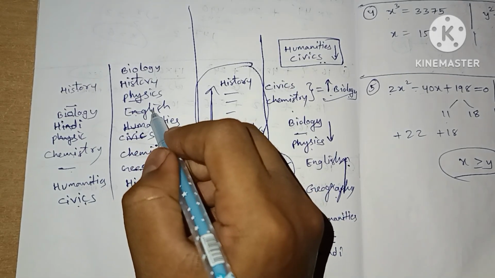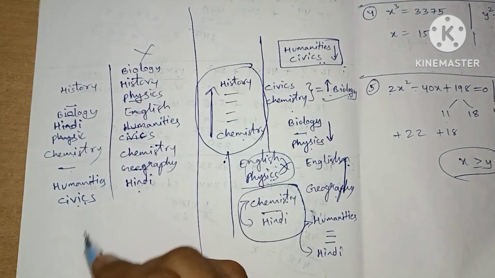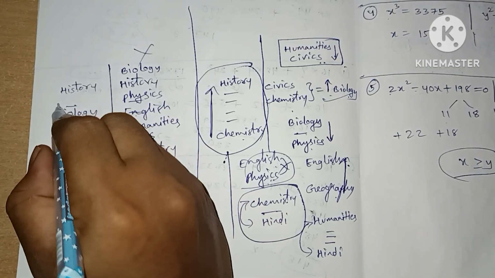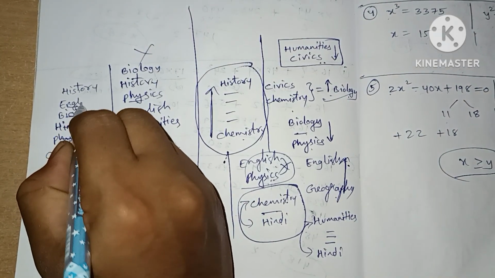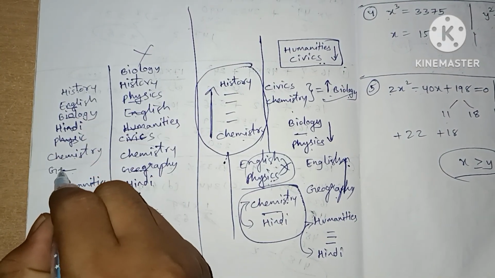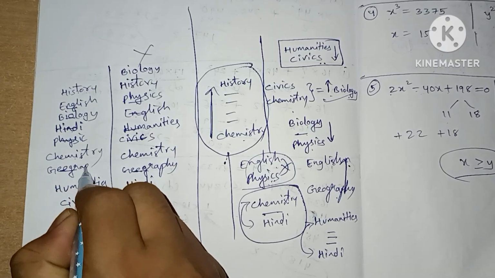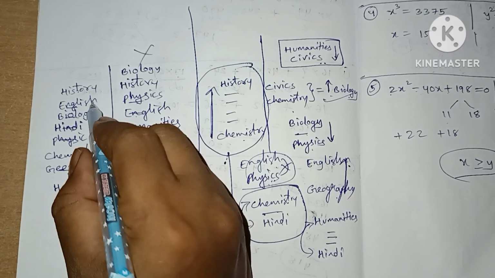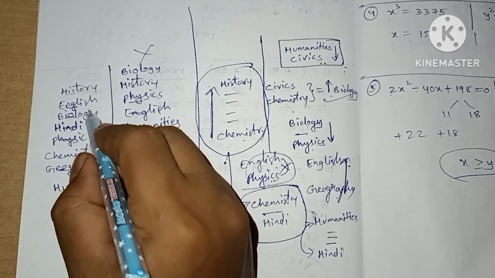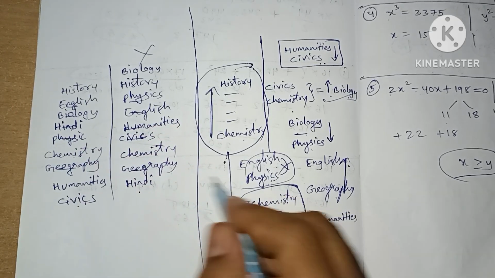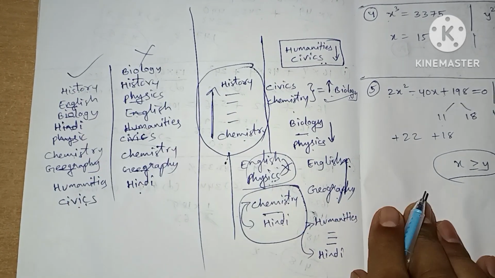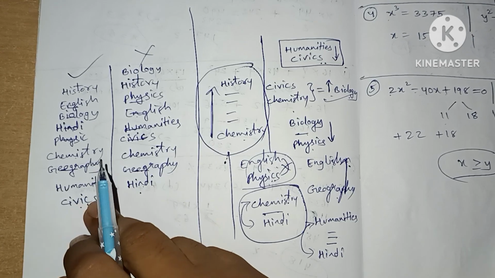Here we get English and physics adjacent, so this case fails. In this case, it is the place for English and this is the place for geography. And here English does not adjacent to physics. So this is our solution. So this is the answer for our puzzle.